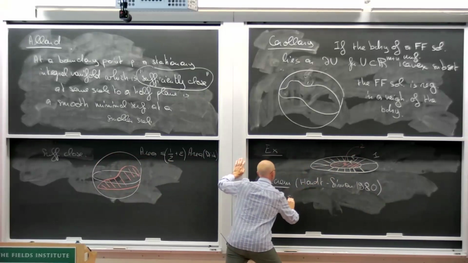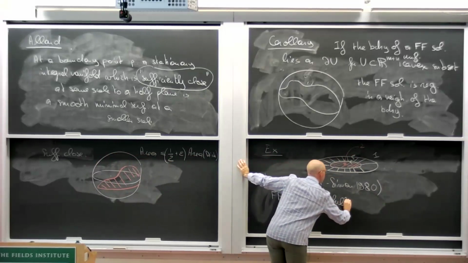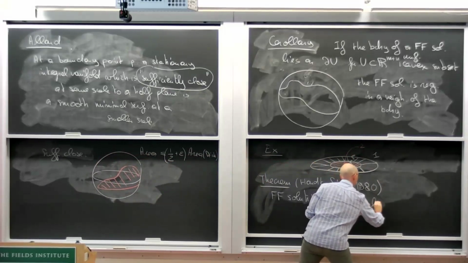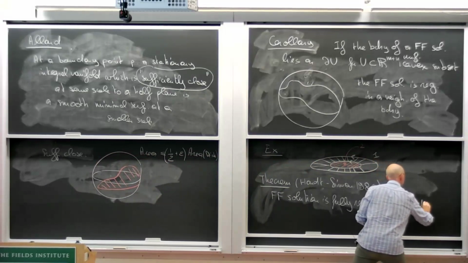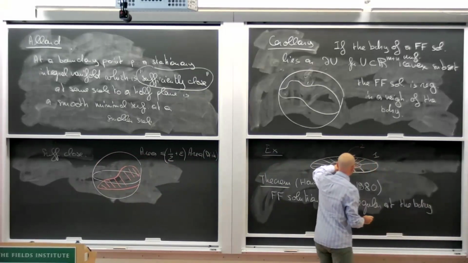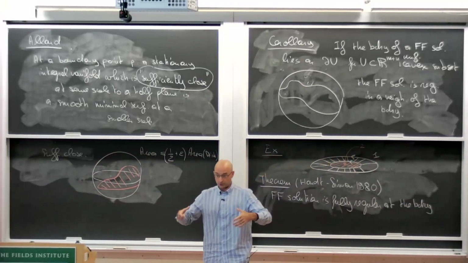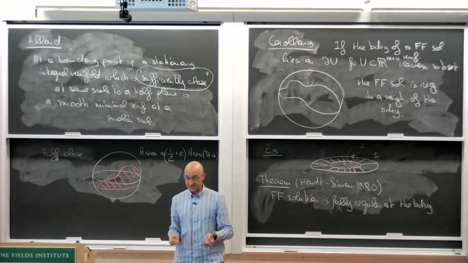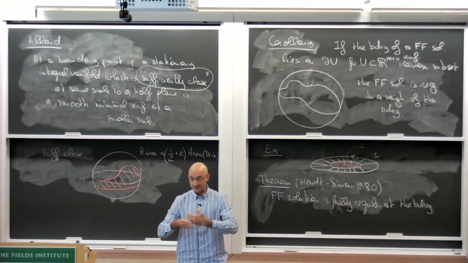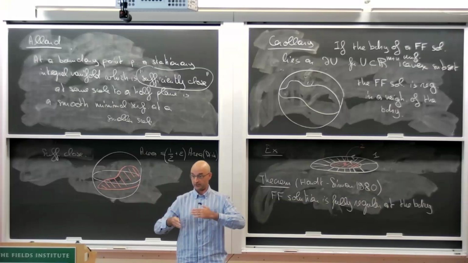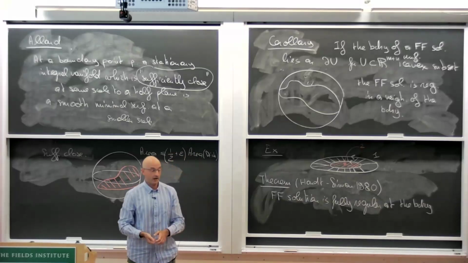So the FF solution is fully regular at the boundary if you understand that two-sided situations like this one can occur. But the only thing that can occur is that either your surface somehow ends up at your sample by taking multiplicity 1, or it goes across it, and then the multiplicity jumps by 1 once it goes across it. And somehow your solution actually completely includes this inner boundary. Okay.